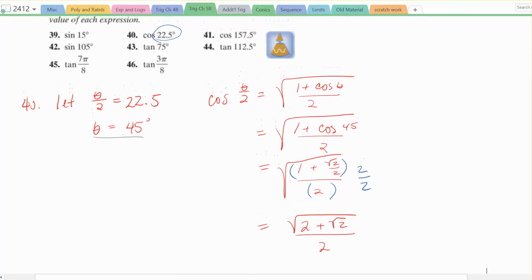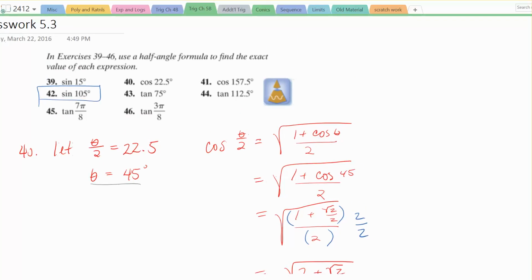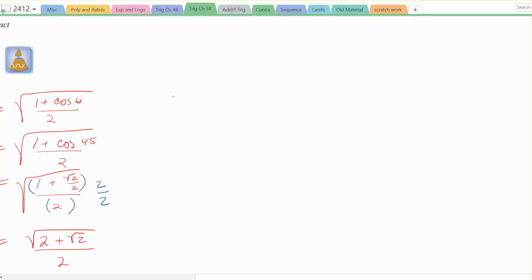All right, let's look at another one. This time I want to look at number 42 here. I want to talk about the sine of 105 degrees. Again, I'm using the half-angle formula to do that. If I let the half-angle be equal to 105 degrees, that's what we started with, then theta must be equal to 210 degrees.